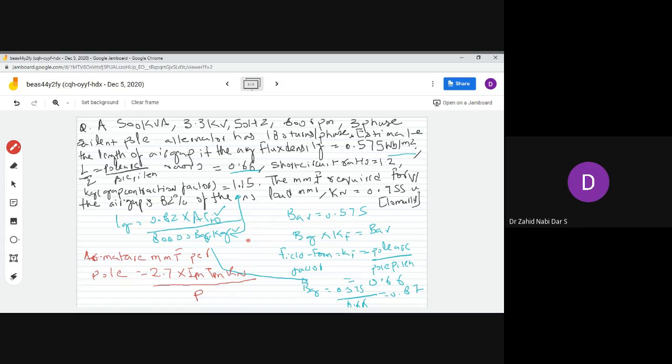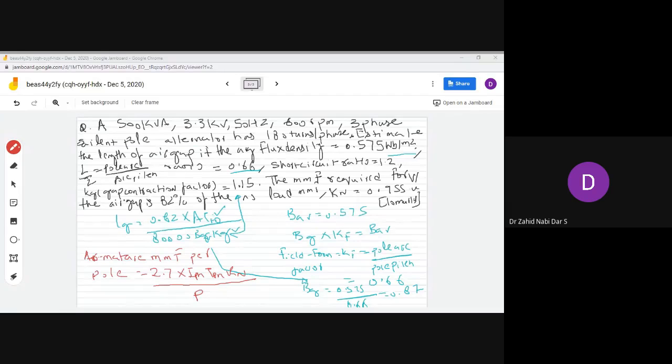I will not do this problem. You calculate the number of poles, please. Now I have done so many problems, by now you should be able to do this. So what else is mentioned over there? I'm waiting for you, I'll wait for 2-3 minutes today. Let's see. Chaitra. Yes, sir.